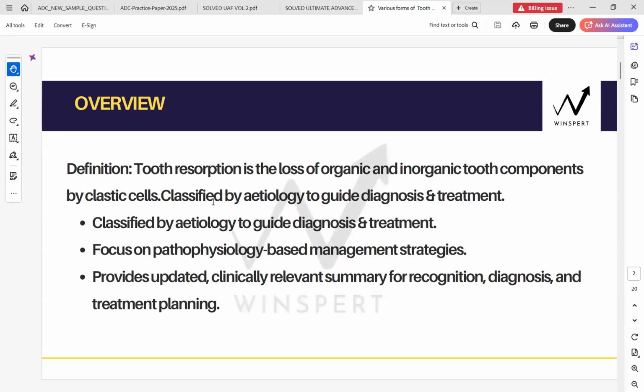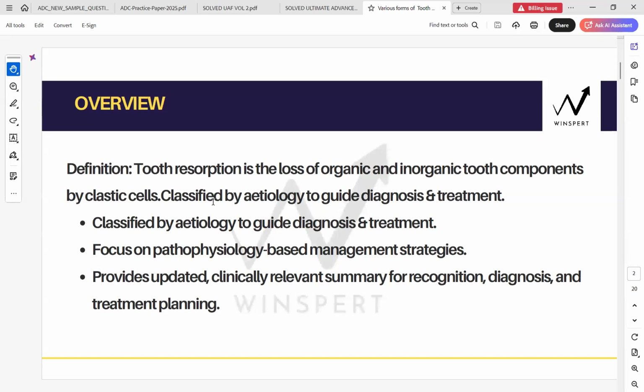Resorption affects both, not just the organic part or the inorganic part. The enamel, dentine or cementum starts resorbing. Both the organic and inorganic components are resorbed by clastic cells, right? So clastic cells are the ones which resorb the hard tissue present in the tooth structure.